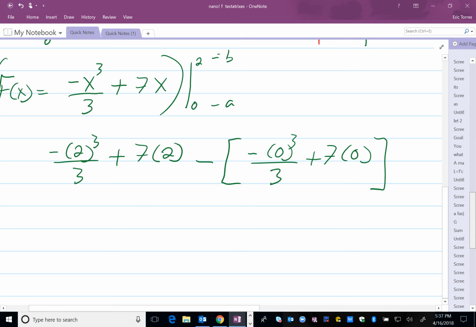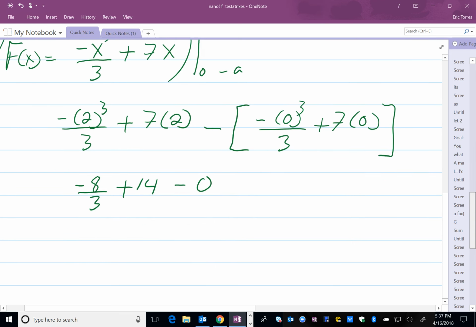So we have negative 8 over 3 plus 14, and all of this in the back is 0. If you'd like to, we can put this as a fraction by combining. So negative 8 divided by 3 plus 14 as a fraction is equal to 34 over 3.